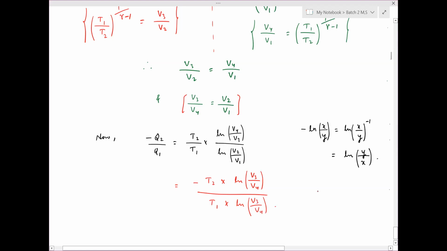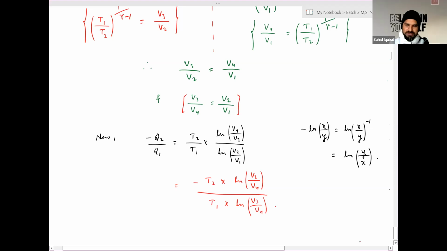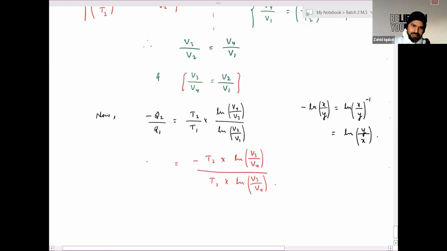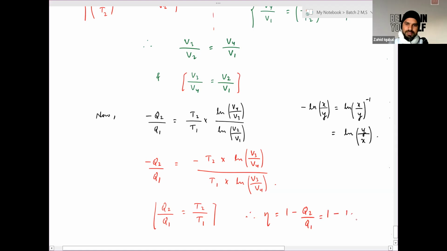Yes, sir, clear. So ln V3 divided by V4 will get cancelled out in both terms, and minus of Q2 divided by Q1. So this minus and this minus will also cancel out. So you're left with Q2 divided by Q1 equals T2 divided by T1. Therefore, efficiency, which was 1 minus Q2 over Q1, now becomes 1 minus T2 over T1.